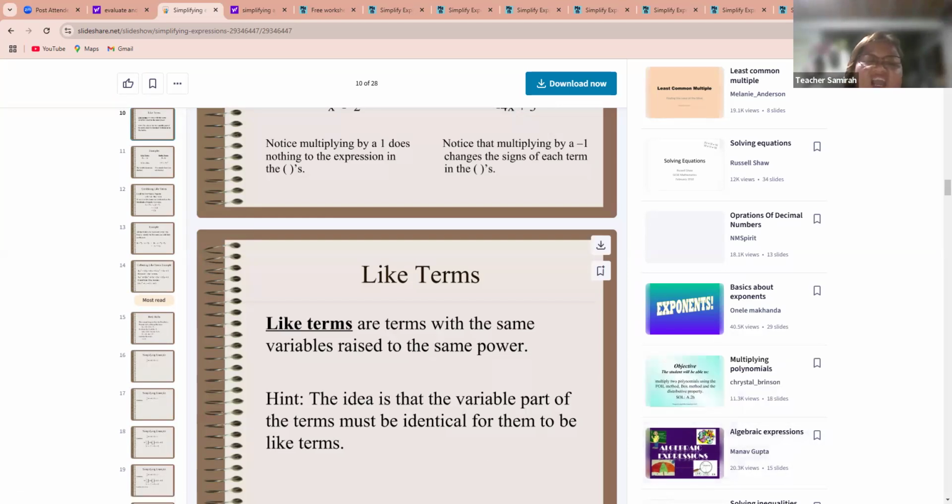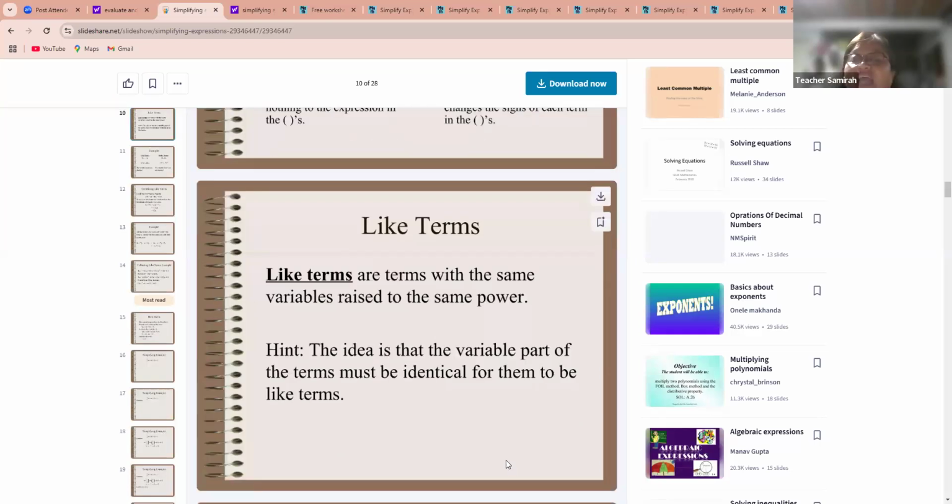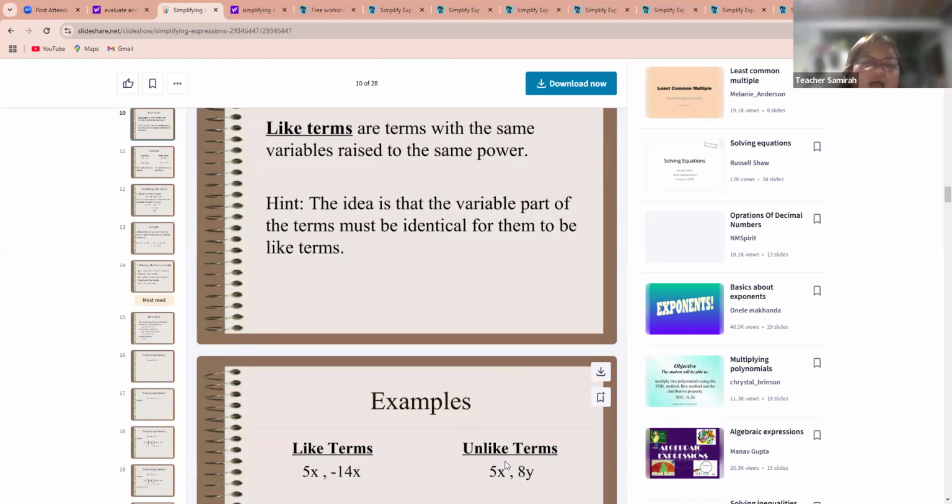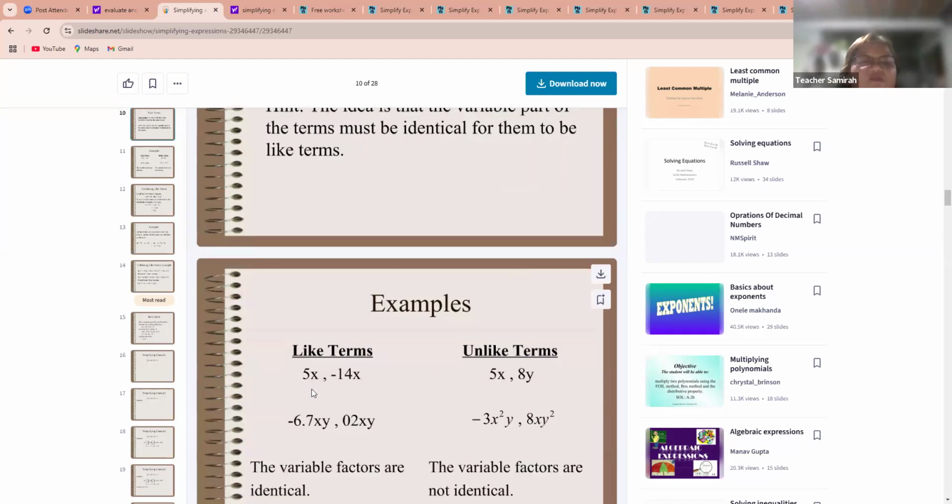Okay, there is this hint. The idea is that the variable part of the terms must be identical for them to be like terms. What are the examples? Like terms: 5x and negative 14x. These are like terms.